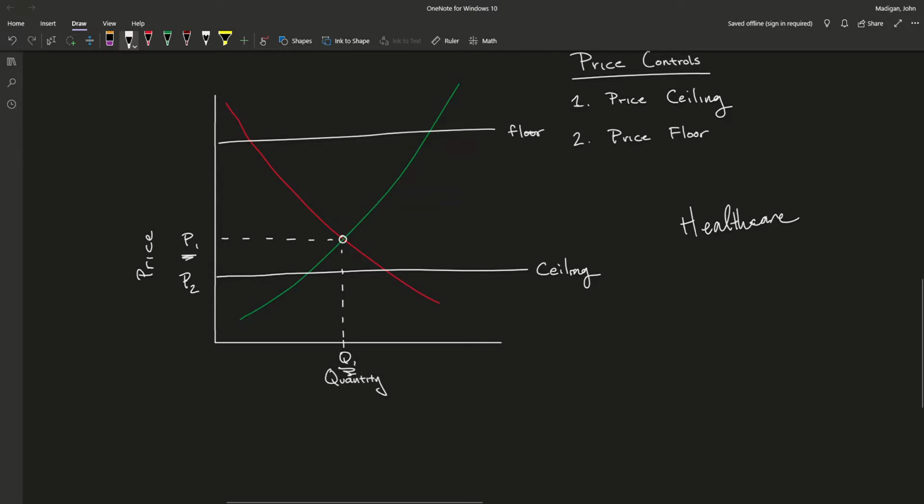And a lot of people want to say, hey, we need to make a law where you cannot make healthcare cost more than this amount. And let it be known before I start talking about this, I'm not going to lean one way or another. I'm just talking about the economics of stuff.